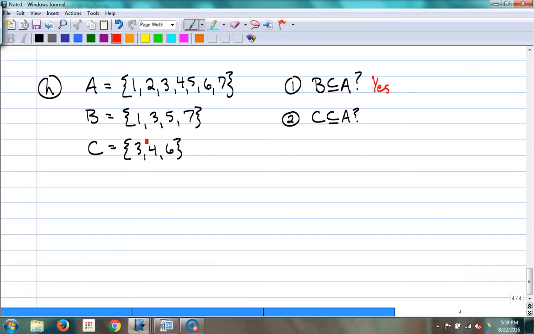Yeah, 3, 4, and 6 are all part of set A. So what's that tell us about A? A is the larger set here, right? It's got more elements in it. The other sets that they told us about are subsets of that. So we could think of A as maybe our universal set for this particular problem because it's the larger set that these other two were subsets of.